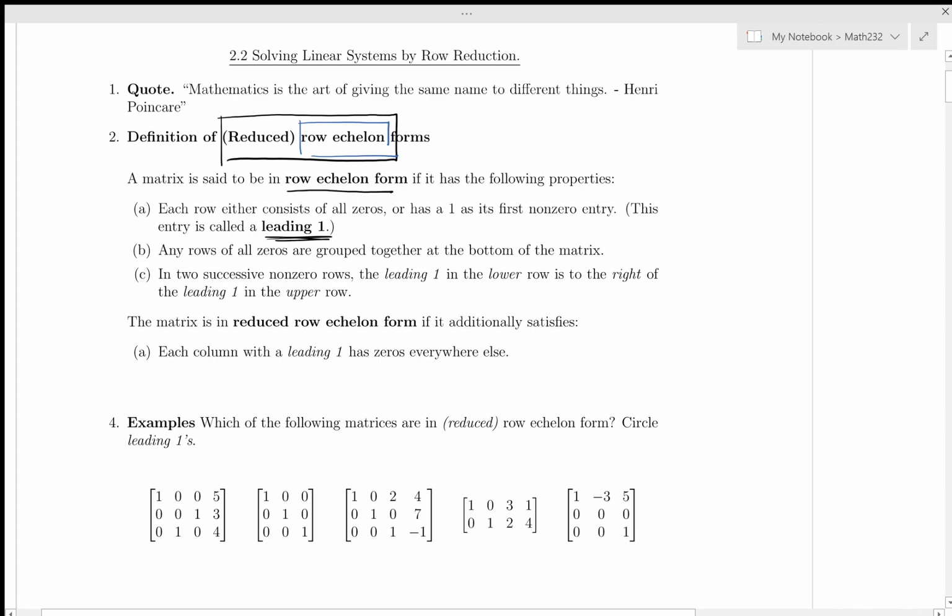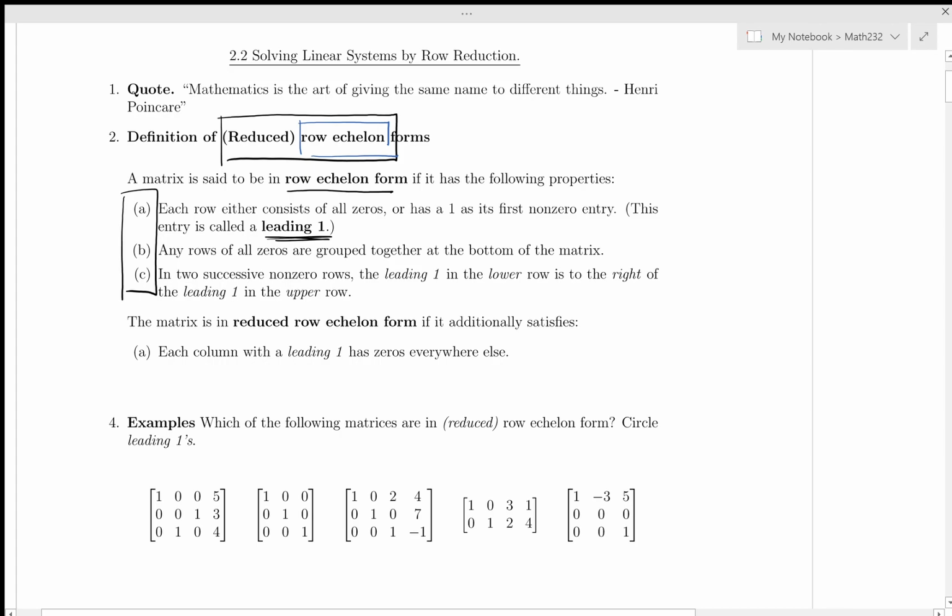Any rows that have all zeros are grouped together at the bottom of the matrix, so they're the last rows of the matrix. In any two successive non-zero rows, the leading one in the lower row is to the right of the leading one in the upper row. If these three properties are satisfied, then a matrix is in row echelon form.